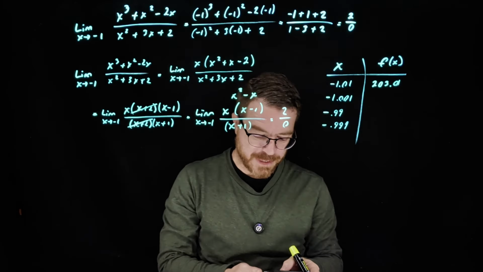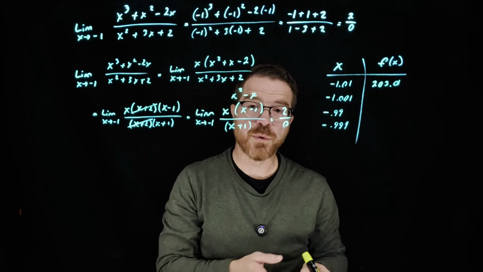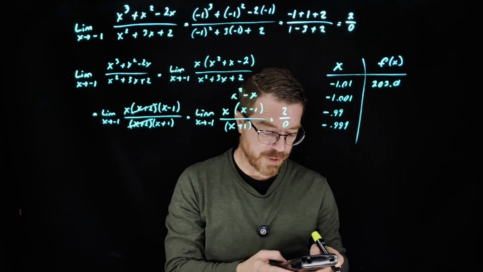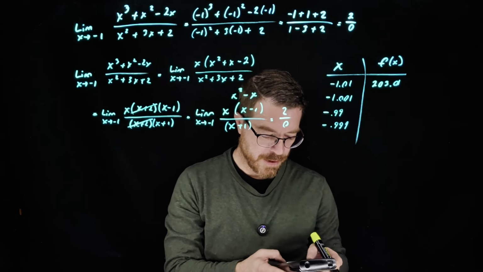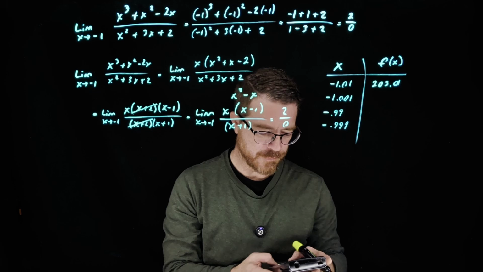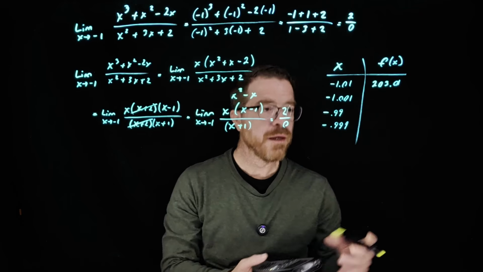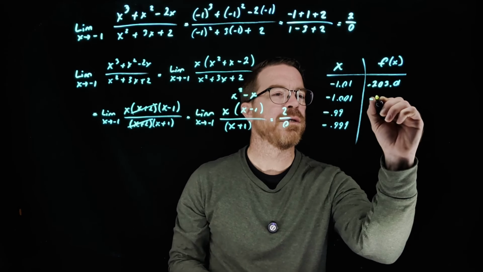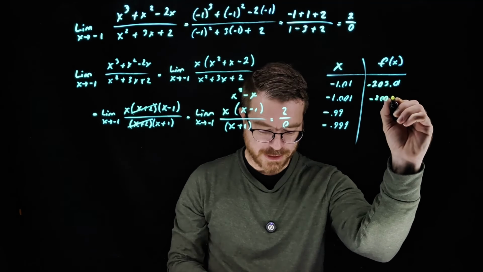Now, if I do the same thing, but instead of plugging in negative 1.01, I plug in negative 1.001, this is going to give me negative 2003 point something.